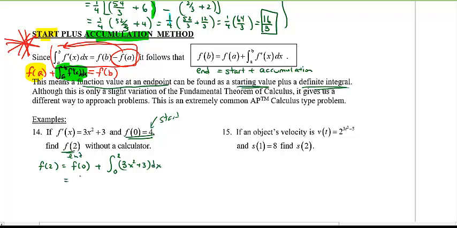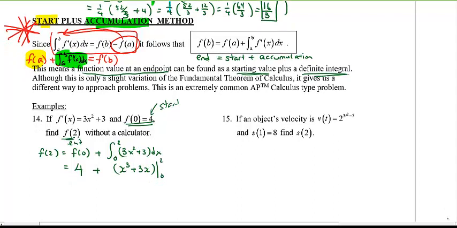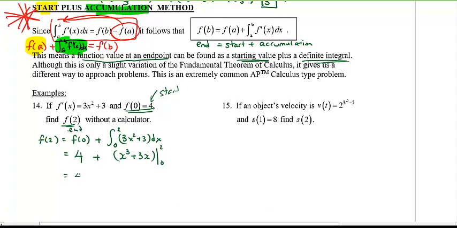F of 0 we know is 4. And then here we can just do the antiderivative, so that's x cubed plus 3x. And then we will evaluate this antiderivative from 0 to 2. Here we go, 2 cubed plus 3 times 2 minus, nice, 0 cubed plus 3 times 0, I like 0.